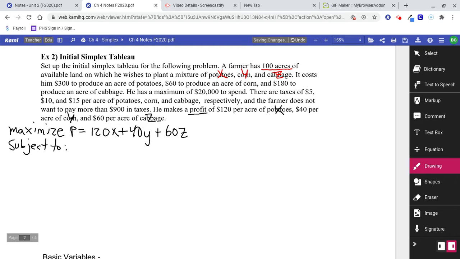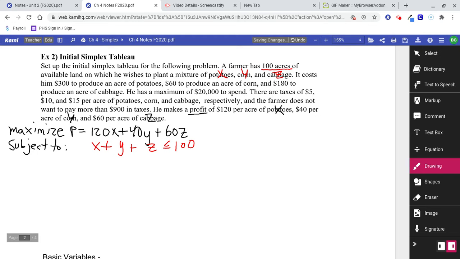There's a total of 100, and he's going to have some kind of mixture. He might do 33 acres of this, 33 acres of this, and 33 acres of this. But if you really think about the numbers, that's a constraint. Whatever these three things add up to has to be less than or equal to 100 acres.